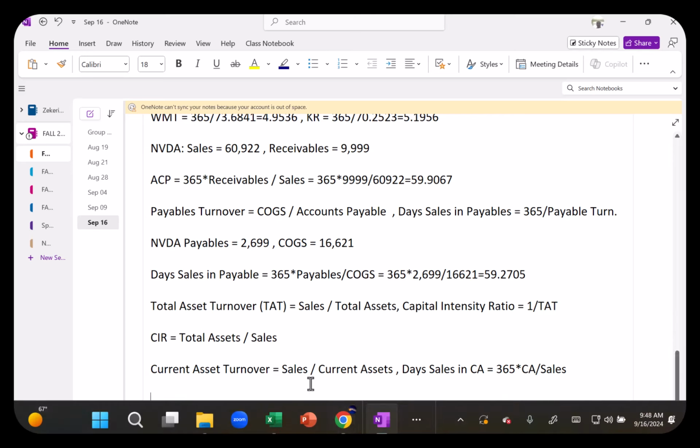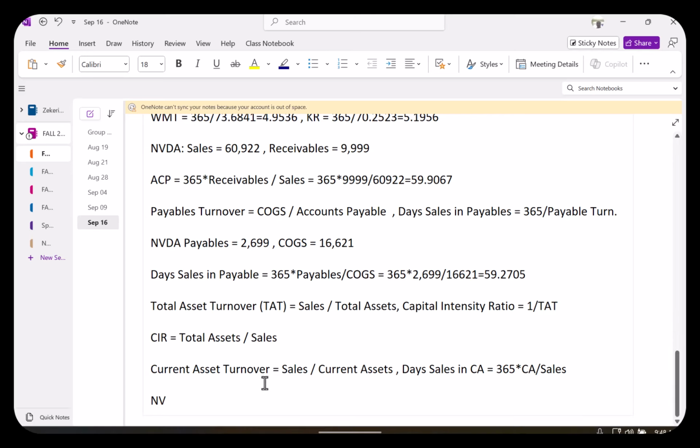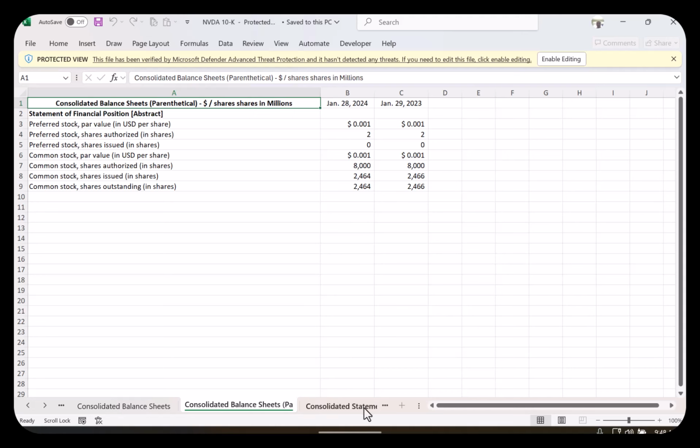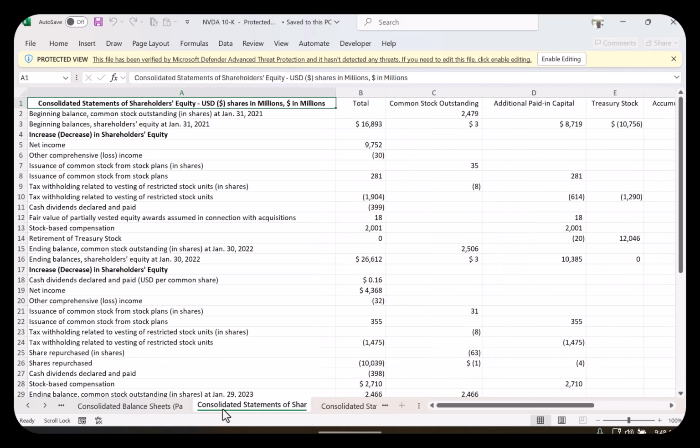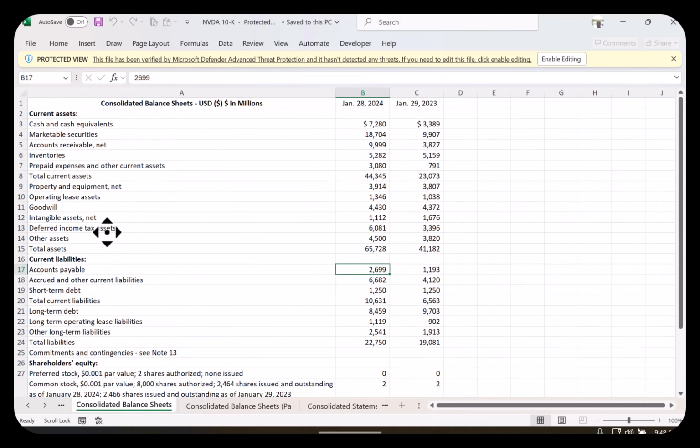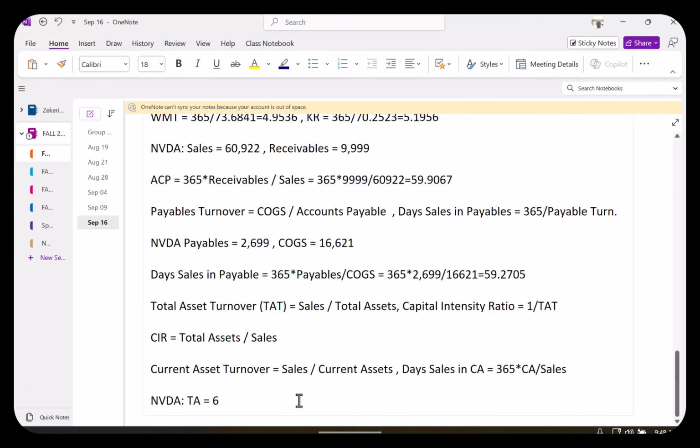For example, let's calculate for NVIDIA. Total assets, we already have the sales number. There's the balance sheet. Okay. Total assets 65,728.